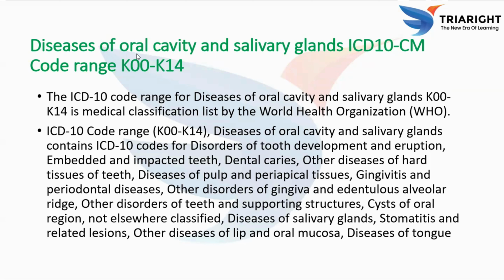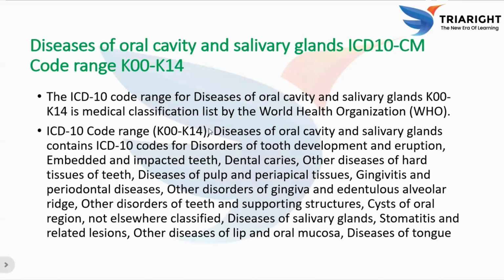The oral cavity includes the mouth, teeth, gums, tongue, lips, and inner cheeks, while the salivary glands produce saliva to help with chewing and digestion. This code range identifies diseases that affect any of these parts.